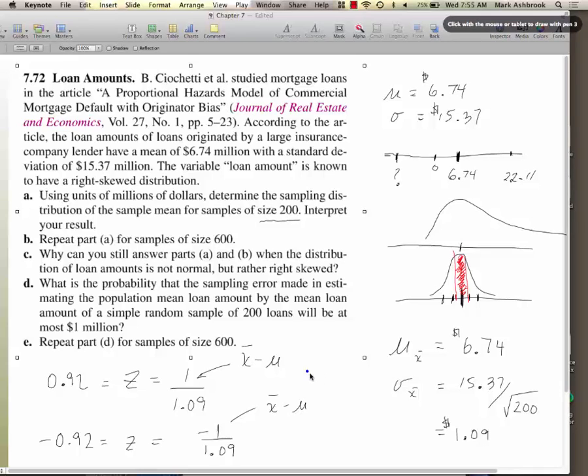Let's start doing it in blue here. So 0.8212. And then to the left of negative 0.92? 0.1788. And we're going to subtract, right? So we want all the area to the left of that minus all the area to the left of that. As soon as you get it, shout it out.